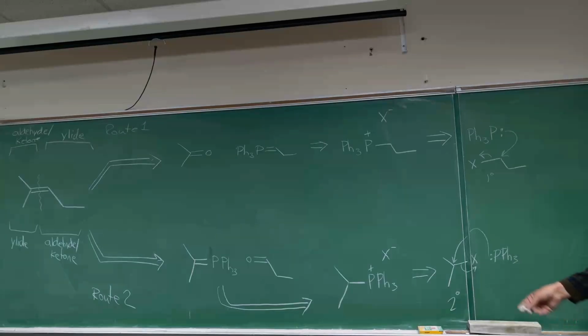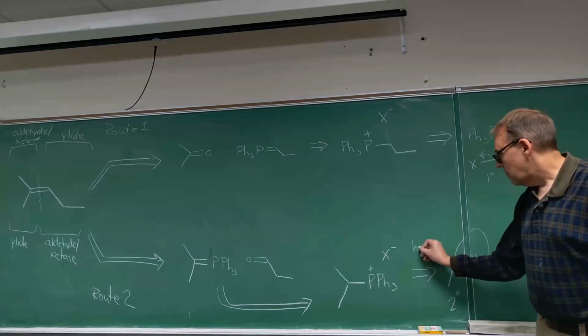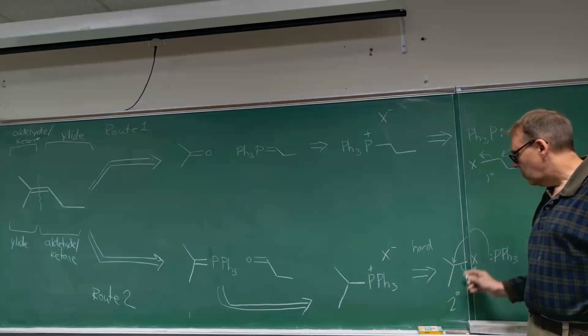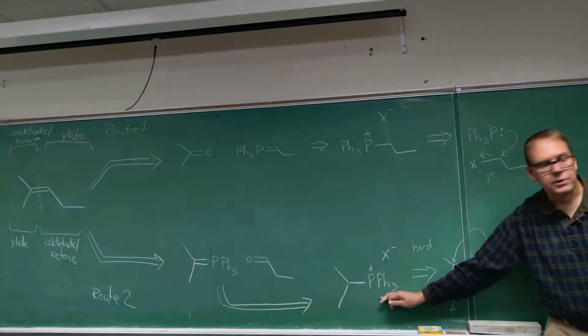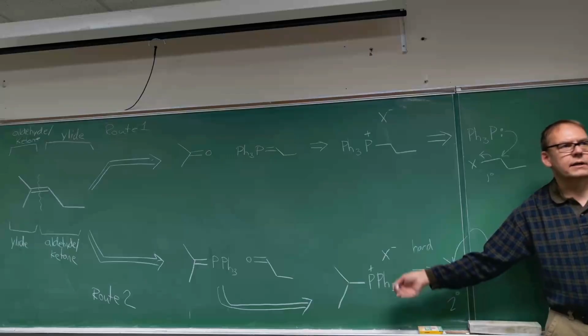So this step, going from here to here, is hard, and the yields might be low. It's not impossible. I mean, you could do it. You would just probably have to run the reaction and suffer with a pretty low yield of this. But then once you get that, it'd be okay.